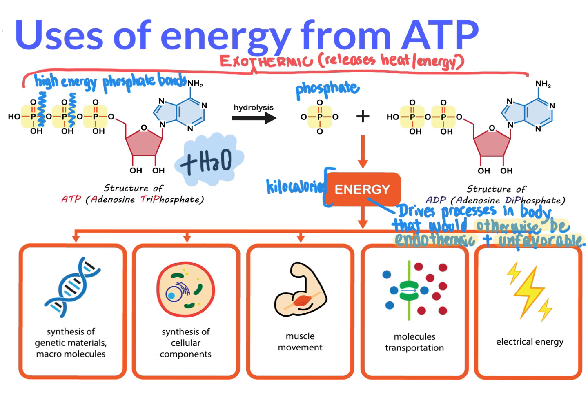Additionally, and overlapping somewhat with that synthesis of macromolecules, is the synthesis of cellular components such as the various organelles that are present within a eukaryotic cell, which could not exist without the energy provided from ATP. The movement of muscles within any moment in the body, that is voluntary muscle movement and involuntary, such as the heart beating, derive their energy from ATP's hydrolysis reaction, releasing energy.